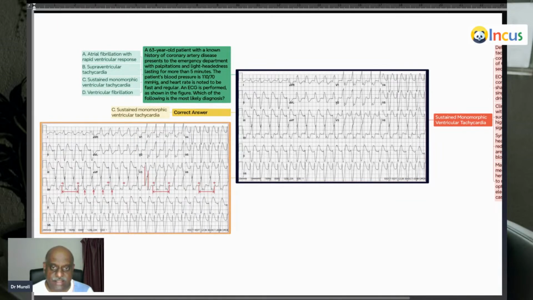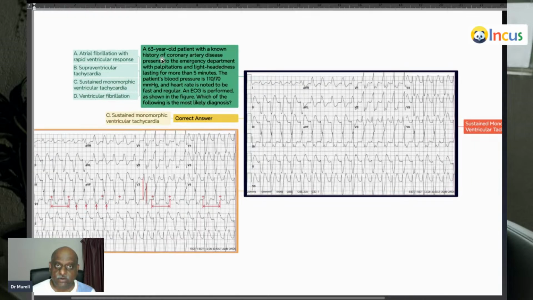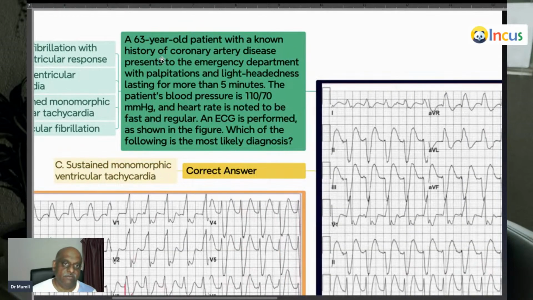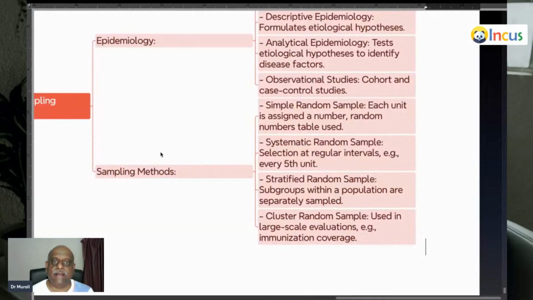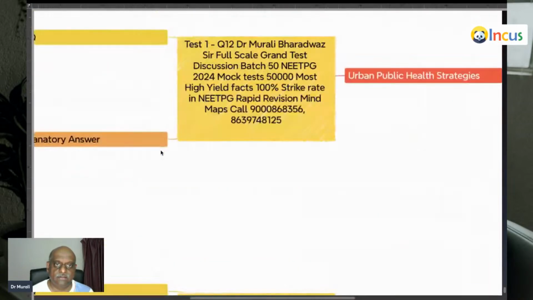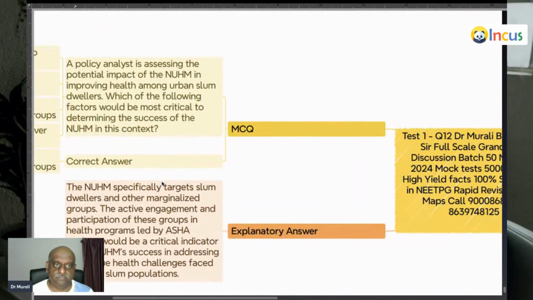Now, doctor, let's go to the next question. A 63-year-old patient with known history of coronary artery disease presents with lightheadedness lasting for around 5 minutes.